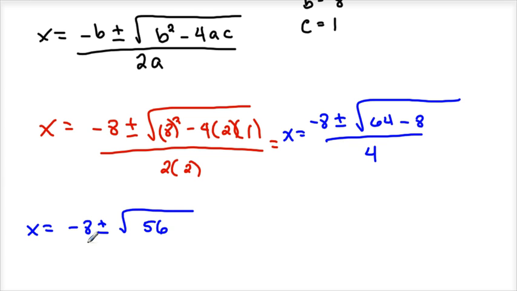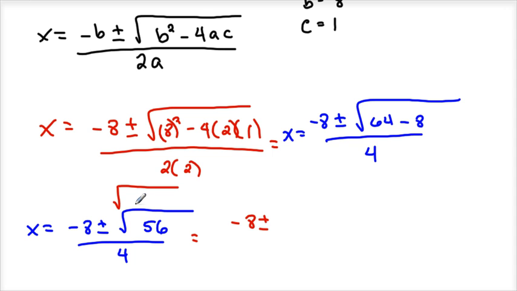Okay, so now here's where your simplifying skills come back into place. So -8 plus or minus square root of 56. How do you simplify radical 56? It's not a perfect square. How do you break this up into simplified radicals?